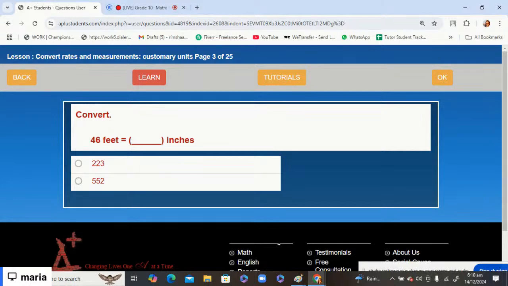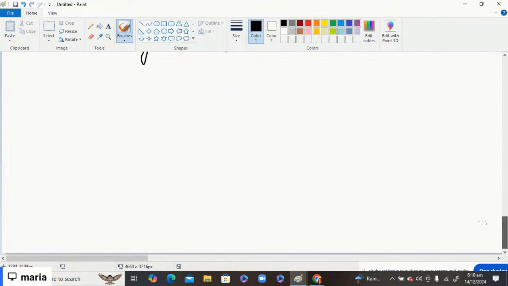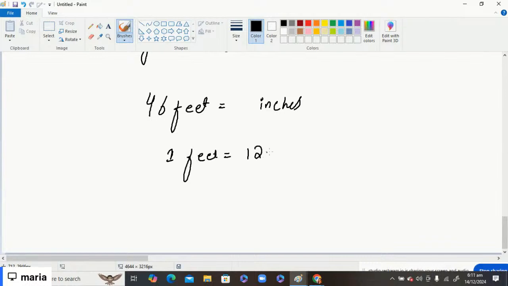Okay. 46 feet is equal to how many inches? As we know that 1 foot is 12 inches.